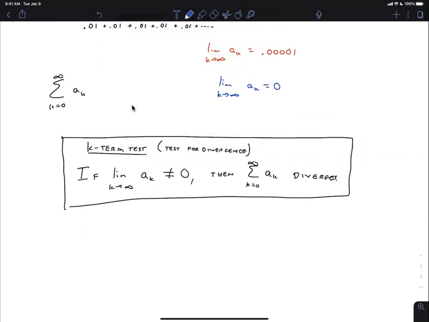If the limit of the sequence is 0, this does not apply. Maybe it converges, maybe it diverges. We do not know based on this. But if the limit of the sequence is not 0, then we know the series diverges. Does that make sense to everybody? Are we clear? Okay, huge, huge deal.